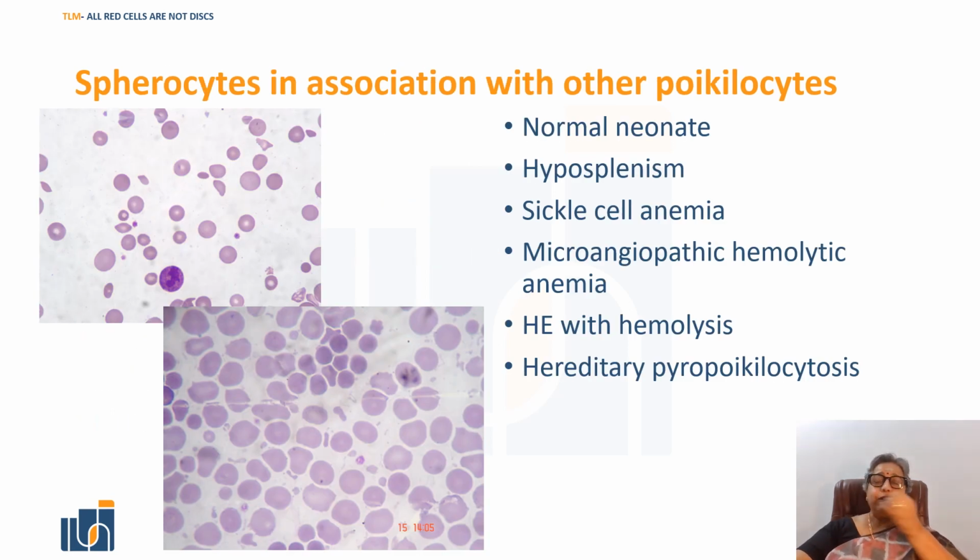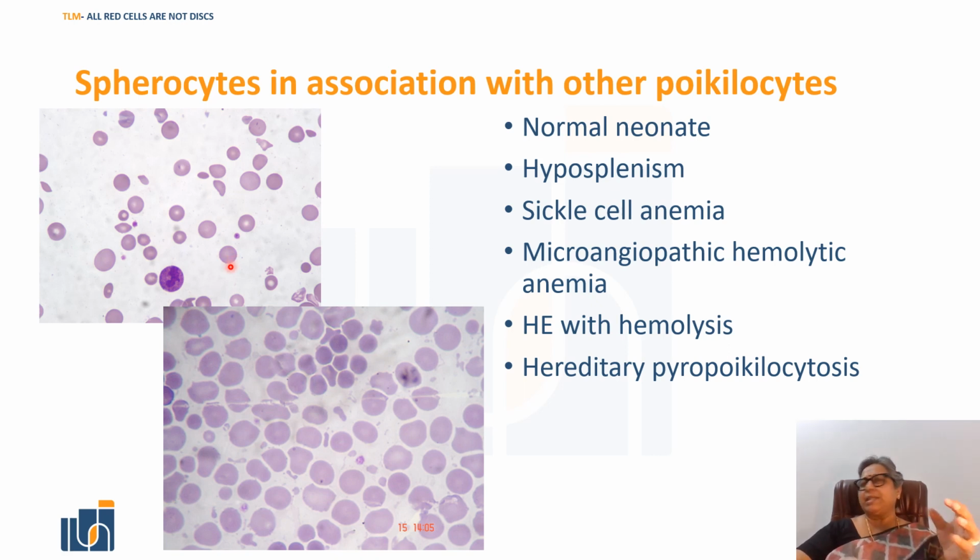Now, when spherocytes are associated with other poikilocytes, that means you have more poikilocytes other than spherocytes. In a normal neonate, this is common. You will find spherocytes and also some schistocytes and target cells. You can find all this in a normal neonate. Other conditions include hyposplenism, sickle cell anemia, and microangiopathic hemolytic anemia, where you find fragmented red cells and schistocytes of different sizes.